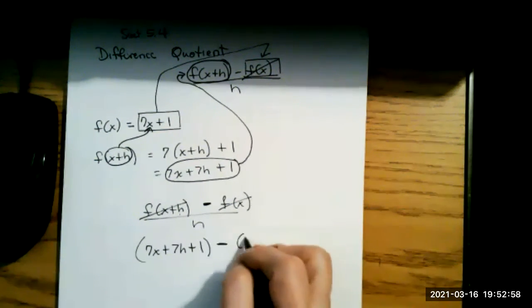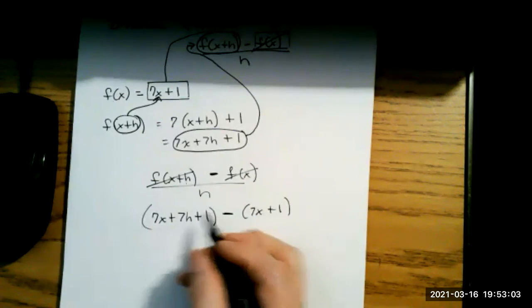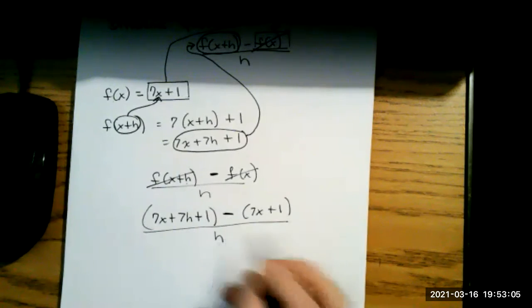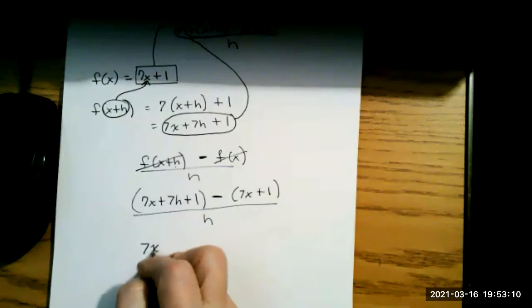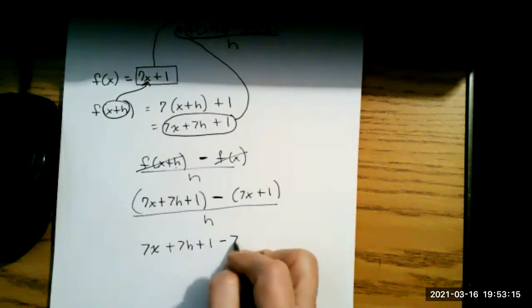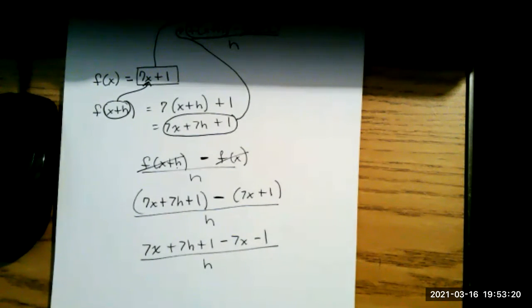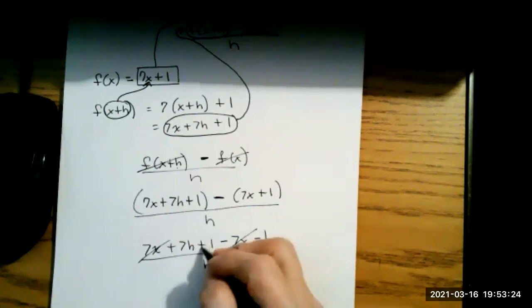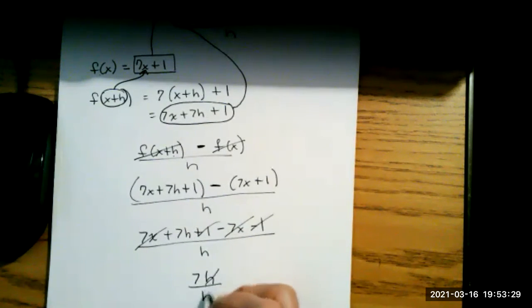That's right. You got it. Use a parentheses because that minus is going to change the sign on it. Notice how this little sneaky h is under there all along. Now I have 7x plus 7h plus 1 minus 7x minus 1 all over h. And then I'm hoping some things are going to cancel. 7x's will cancel, 1 will cancel, and I have 7h over h, and the h's will cancel, so I'm just left with 7.